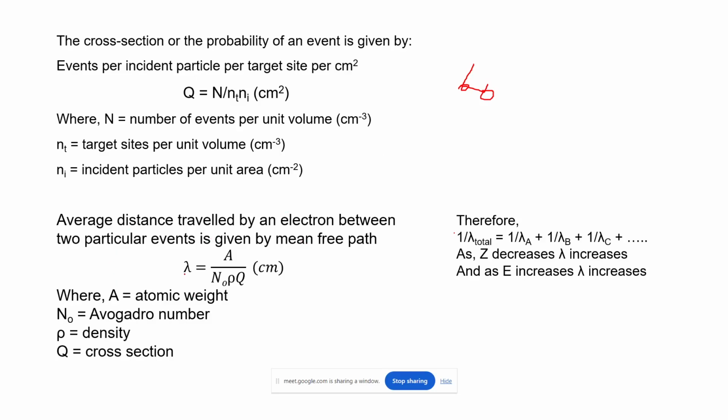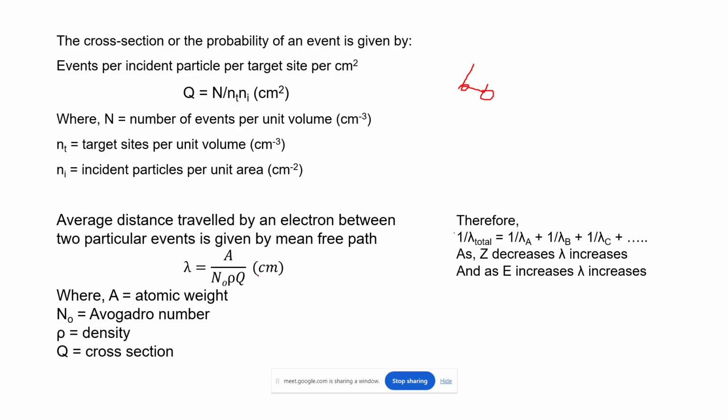It is given by lambda, which equals A divided by N naught rho Q, where A is the atomic weight, N naught is the Avogadro number, rho is the density, and Q is the cross section area. The unit of lambda will be centimeter.